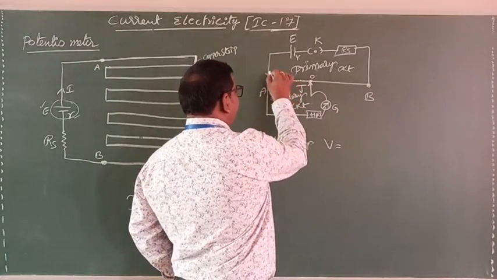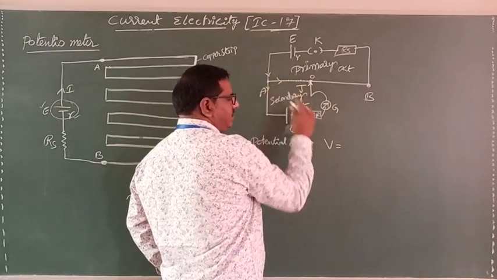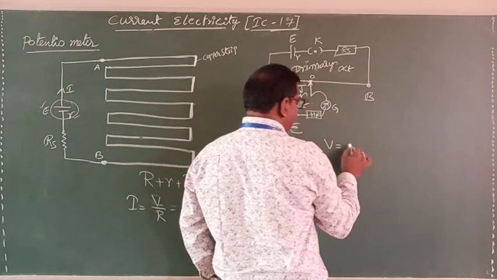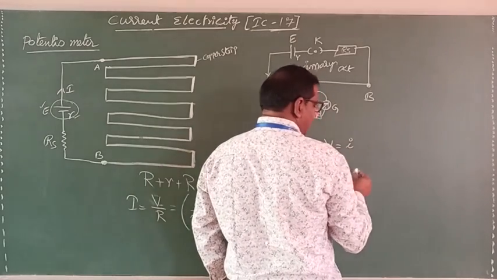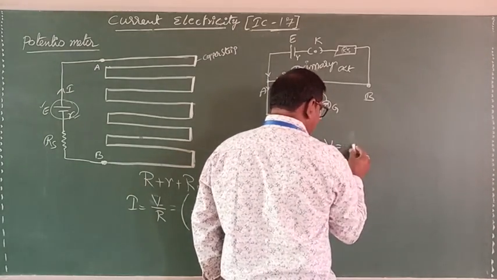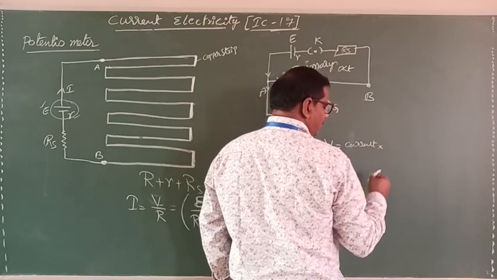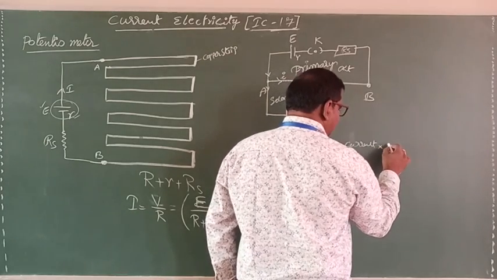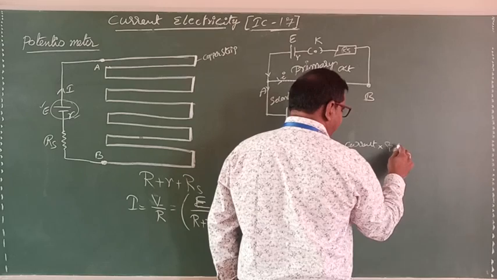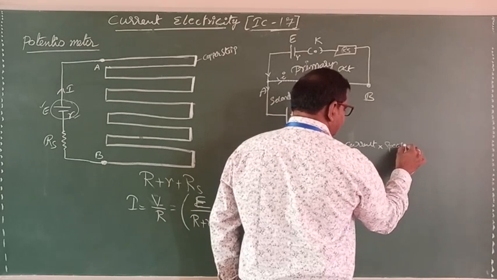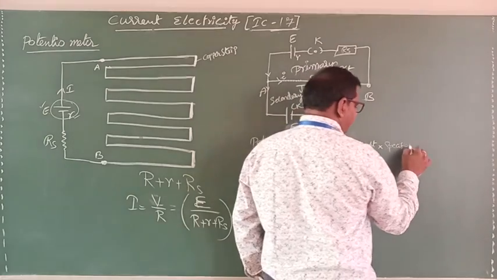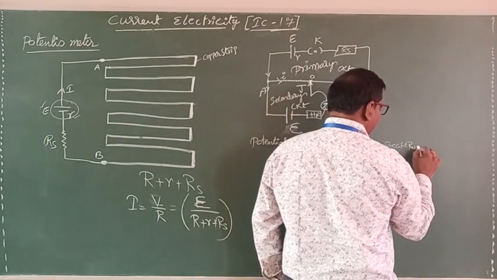The current that flows here, I will treat as I. Current into, first I want to write the formula. Next one is the specific resistance or resistivity of the wire.